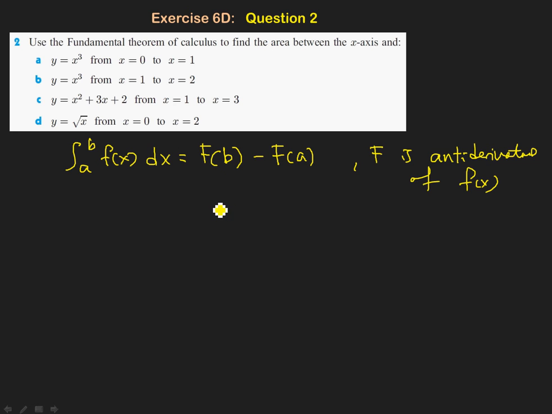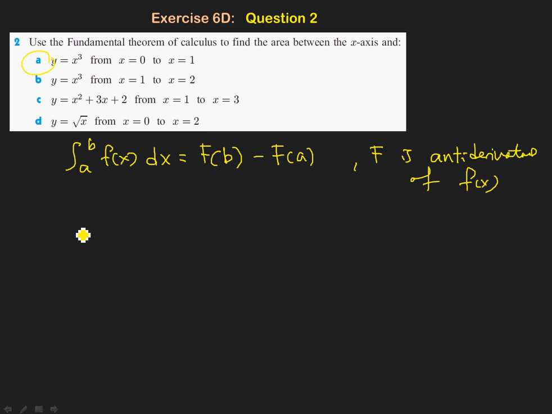Okay, this is a very elegant theorem. So I'm just going to do part A and look at how we may apply this theorem to calculate whatever is required here, the area between this function and the x-axis.